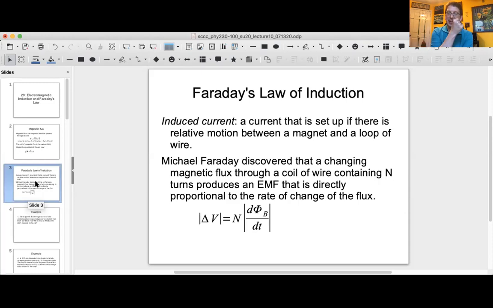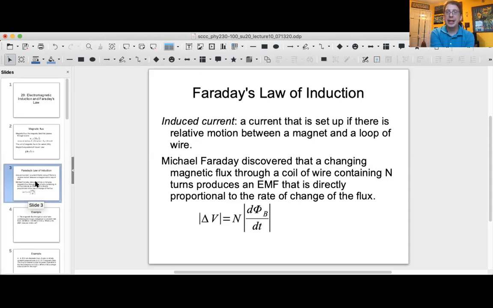And this is something Faraday observed, and he was able to generalize that any change in the magnetic flux will cause there to be a current in a loop of wire. Basically, it'll make the electrons move.